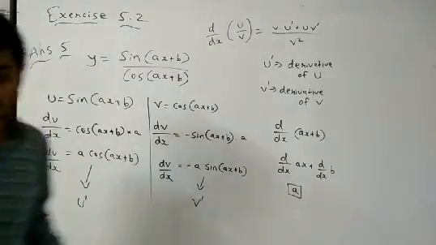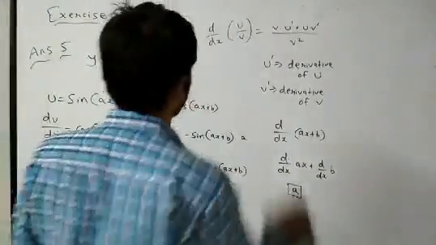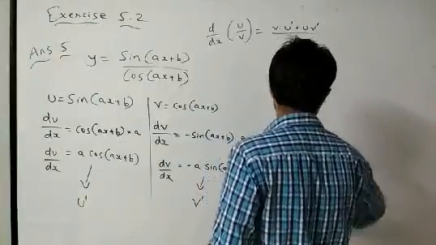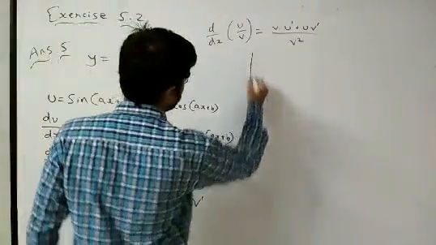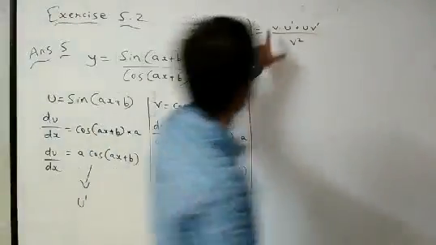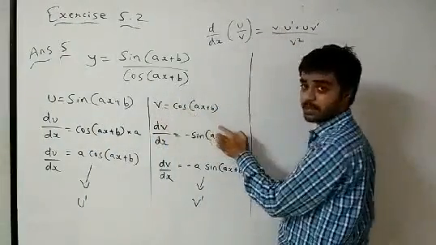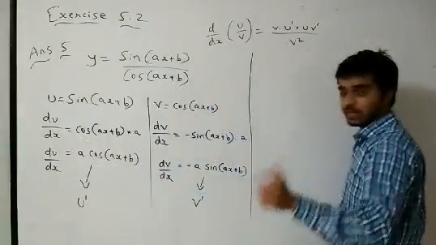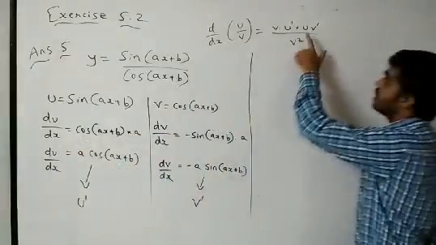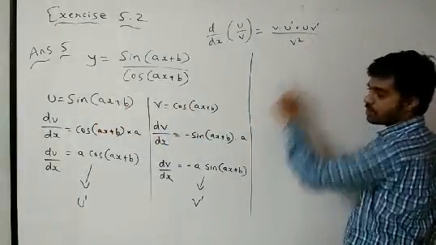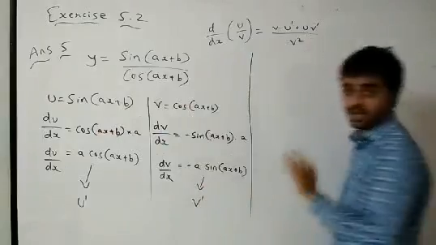So now what I am going to do is keep the values of the required answers that we have calculated. d by dx of u by v, we have the value of v. u dash, we have the value of u dash, that is nothing but du by dx. And u, we have the value for u, that is sine of ax plus b. And v dash, we have the value for v dash, that is minus a sine, and v square.